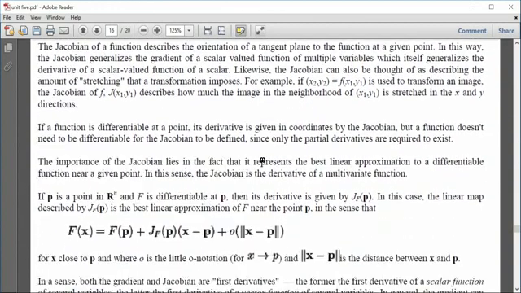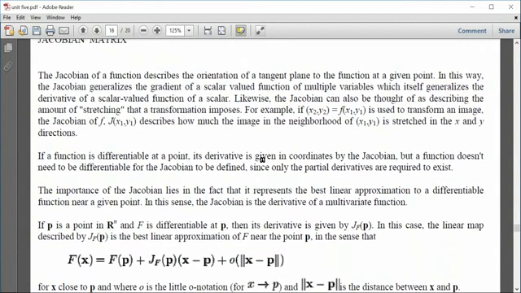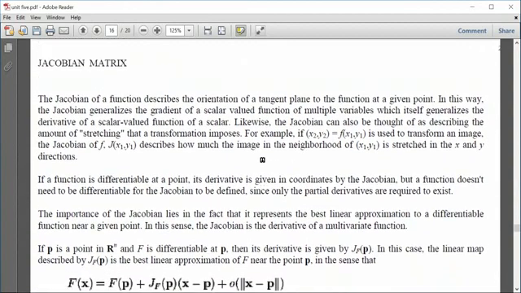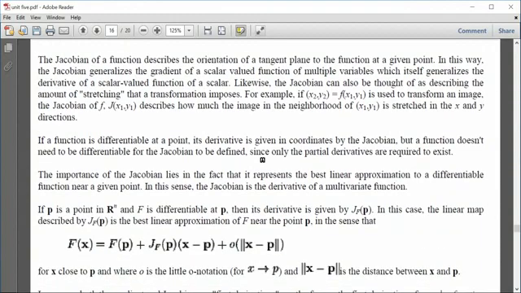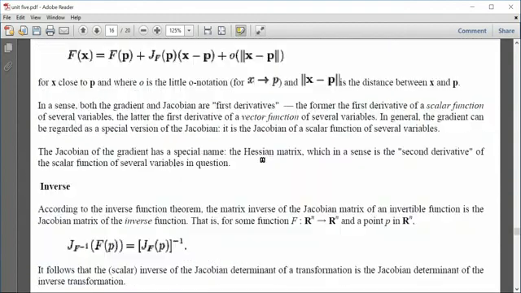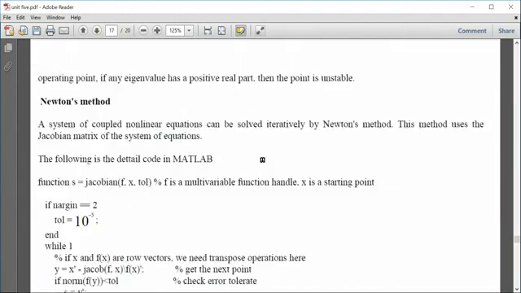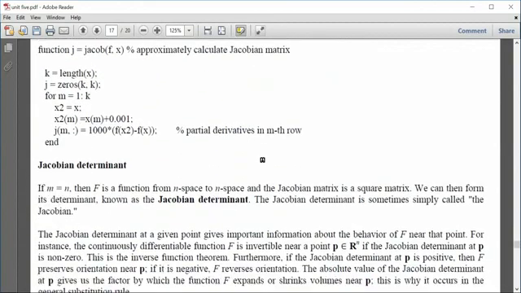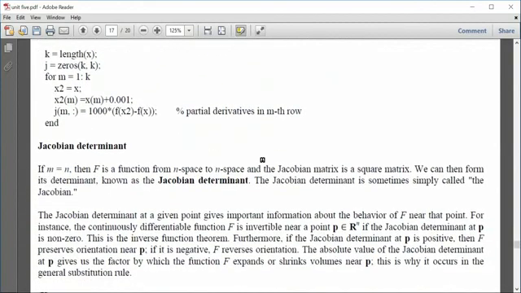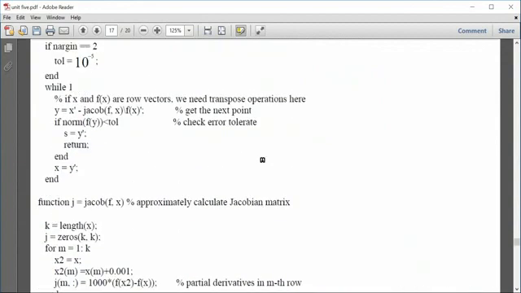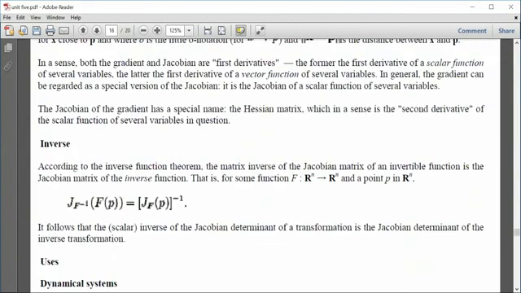And when you're in the paper, you'll be able to recall my voice. So the Jacobian matrix, that's where I'm starting from. And my colleague Shakira will begin from the Jacobian determinant.